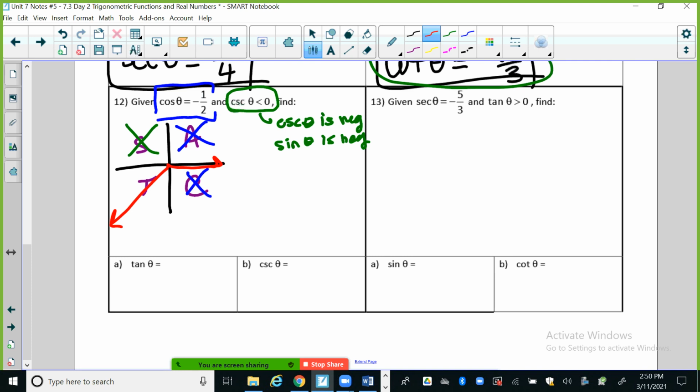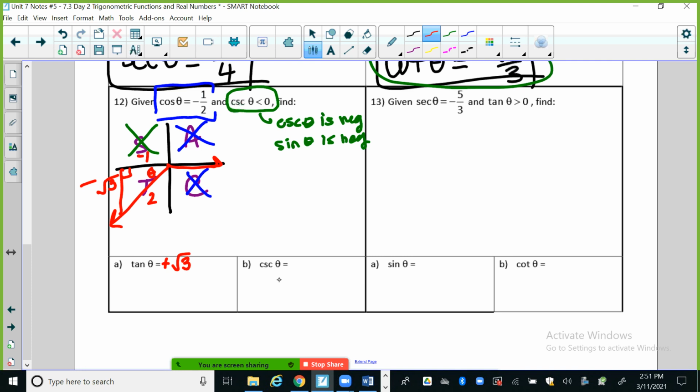All right, once you do that, it's the exact same problem now as the last example. I know cosine is adjacent over hypotenuse. So my adjacent side is -1. My hypotenuse is 2. So my side opposite is square root 3. Again, because that's a 30, 60, 90 right triangle. So tangent of theta, which is opposite over adjacent, is positive square root 3, because we're in quadrant 3, so tangent's positive.